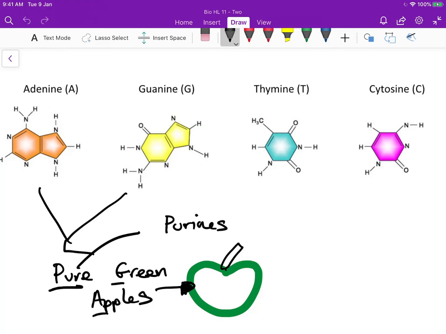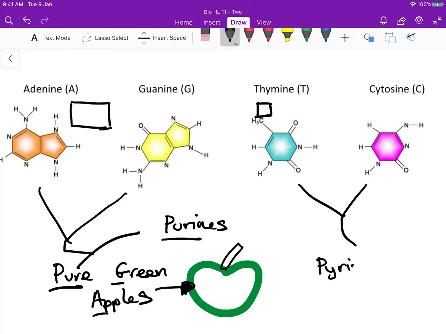So there's 2 different types. These 2, and you can see that the purines are the larger rung of the ladder. They take up kind of 2, whereas thymine and cytosine, they're the smaller rung of the ladder. These are the pyrimidines. So the pyrimidines are smaller.